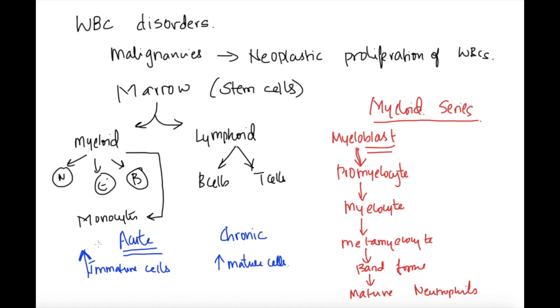The next concept is between leukemia and lymphoma. Leukemia means the malignant cells are in the marrow, and they can come into the blood. So what is lymphoma then?